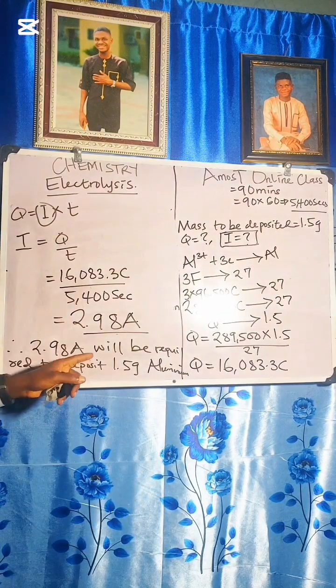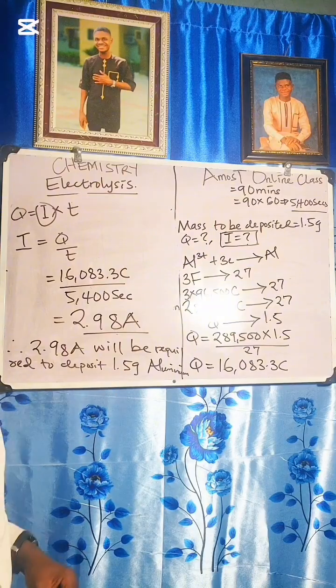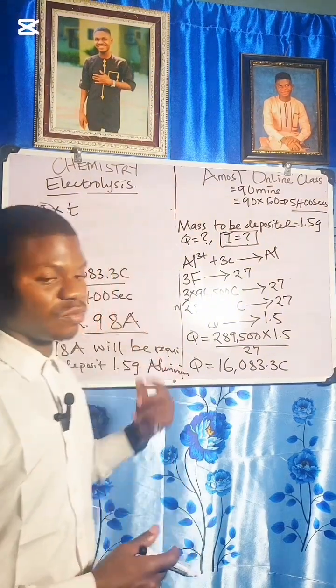Therefore, 2.98 ampere will be required to deposit 1.5 gram of aluminium, and that is our final answer.